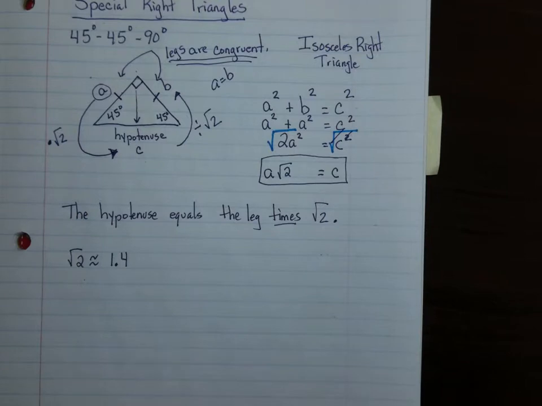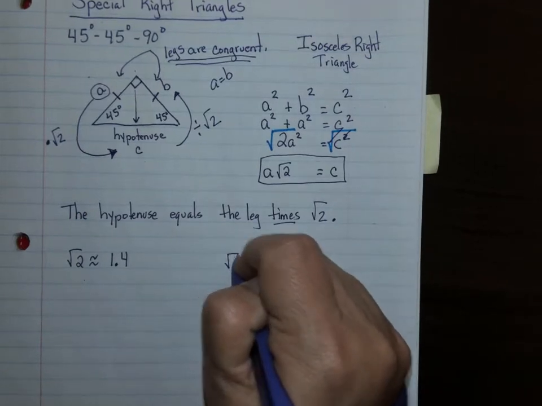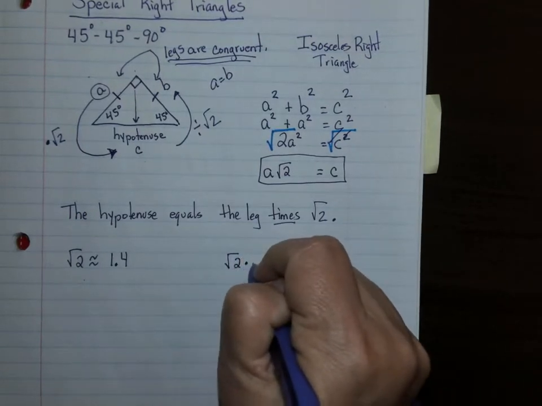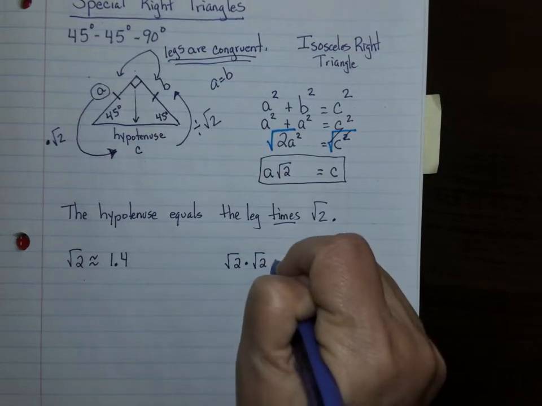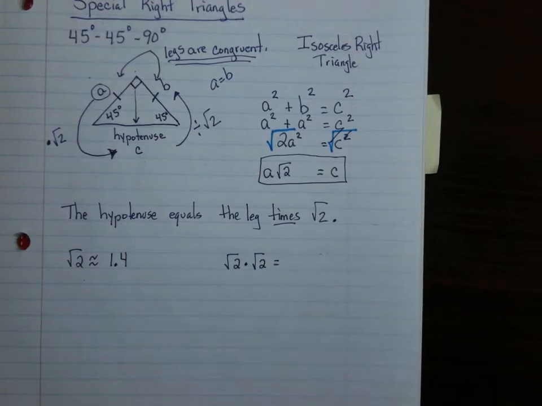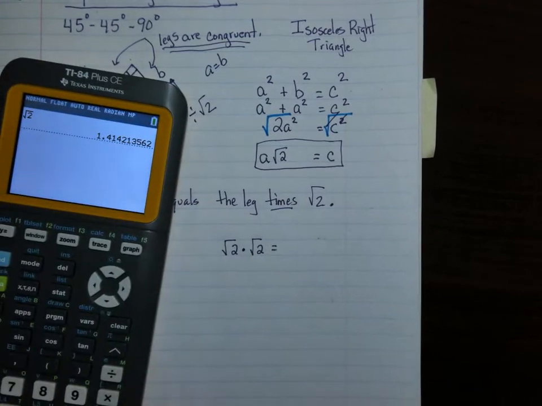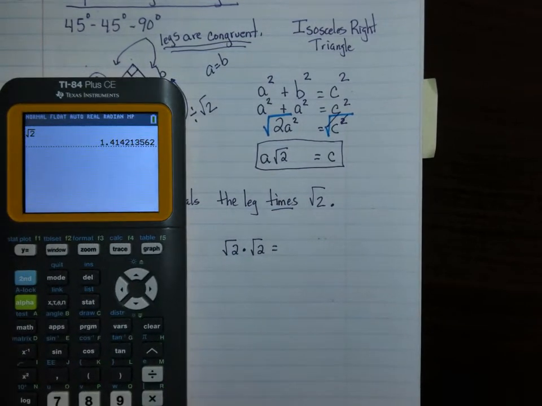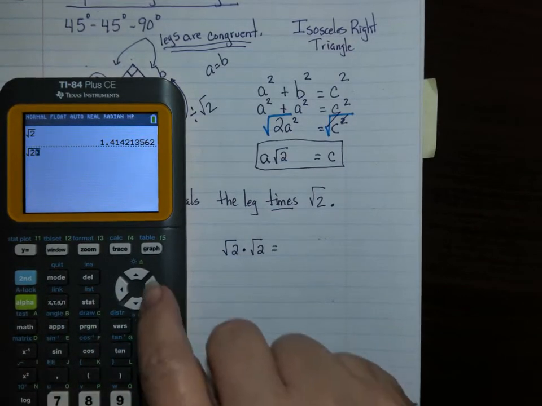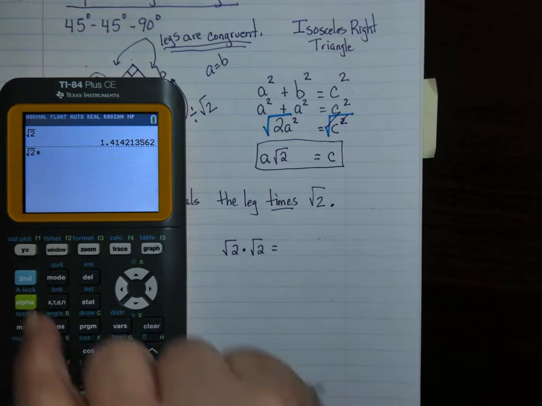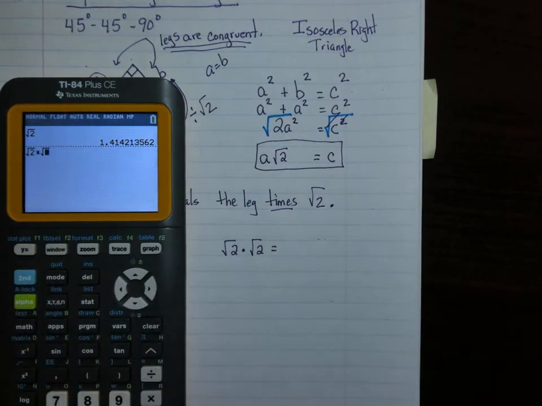Alright, we want to look at something else. What happens if you multiply the square root of 2 times another square root of 2? I mean, you can do it on your calculator. Square root of 2, then times square root of 2.